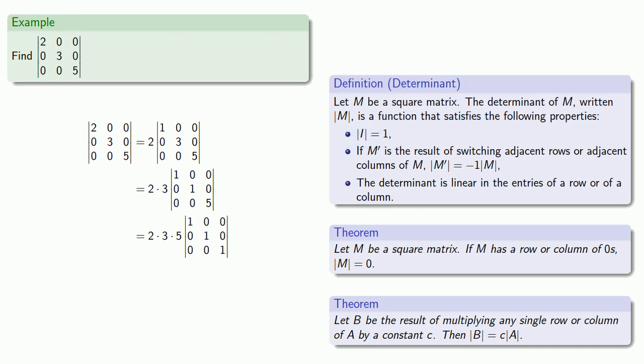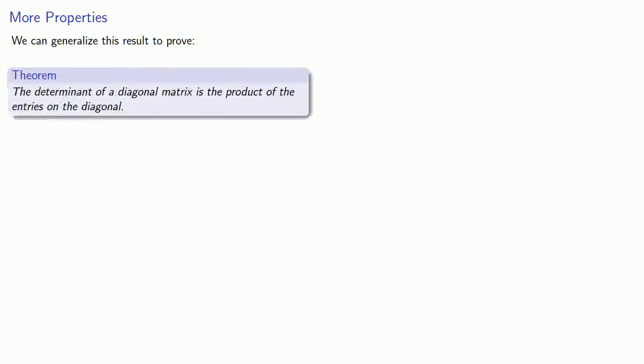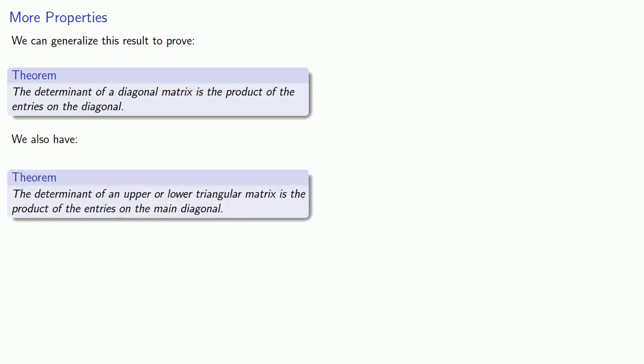So we do know the determinant of this matrix, which means we also know the determinant of the given matrix. And we can generalize this result to prove that the determinant of a diagonal matrix is the product of the entries on the diagonal. And in fact, we can go further. The determinant of an upper or lower triangular matrix is also the product of the entries along the main diagonal.